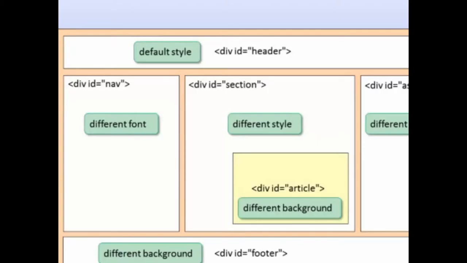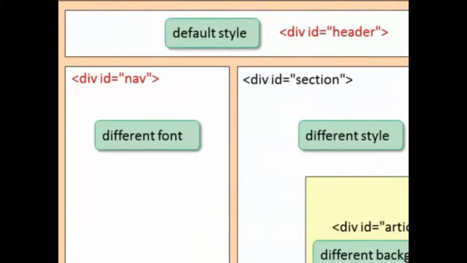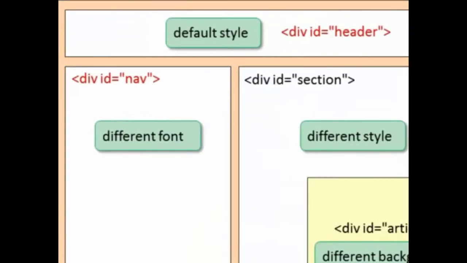The ID attribute is not required, nor does HTML4 have a standard list of ID names, so different authors can and do use different ID names. Using the ID attribute to distinguish one div element from another is helpful if you want to apply different styles to each page division. For example, the header division shown here uses the default style, while the nav division uses a font different from the default.